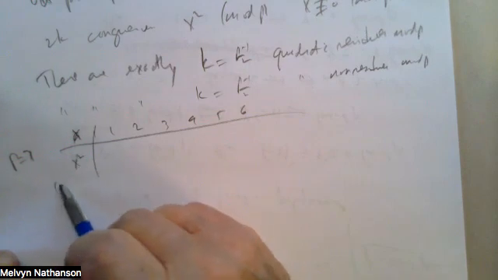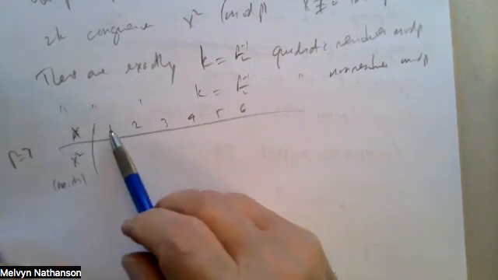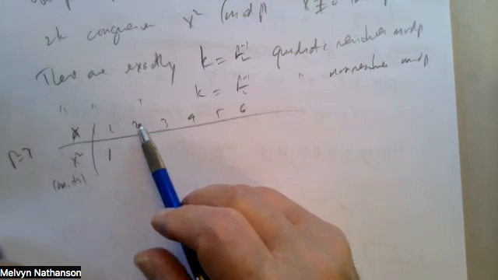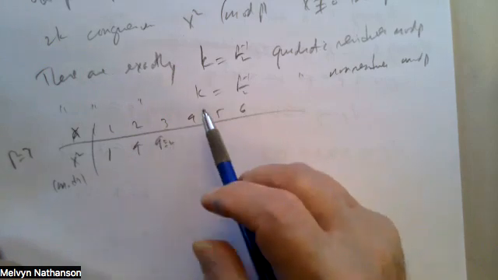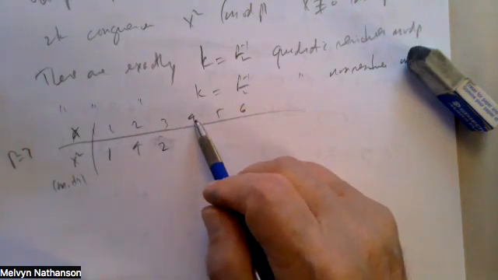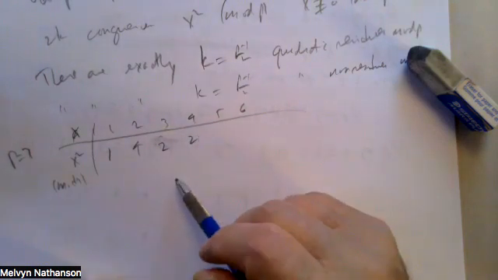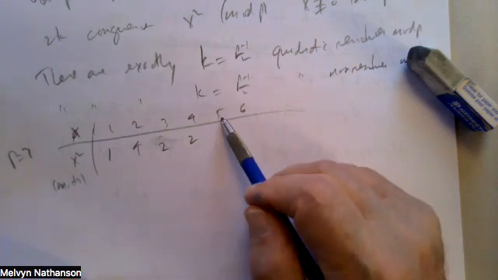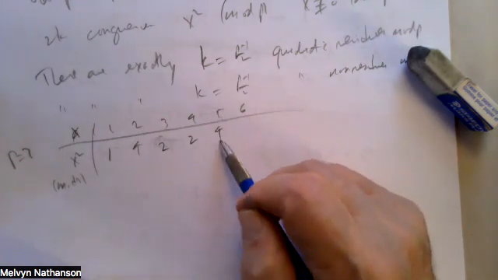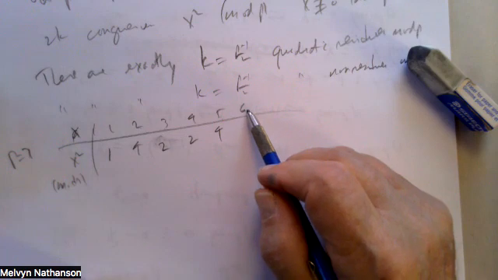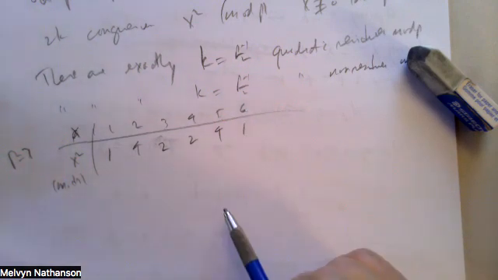And what is x squared mod 7? 1 squared is 1. 2 squared is 4. 3 squared is 9, which is congruent to 2. 4 squared is 16, and 16 mod 7 is 2. 5 squared is 25, and 25 mod 7 is 4. 6 squared is 36, and 36 mod 7 is 1.